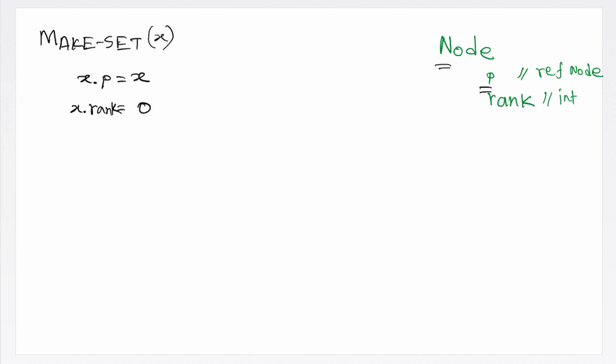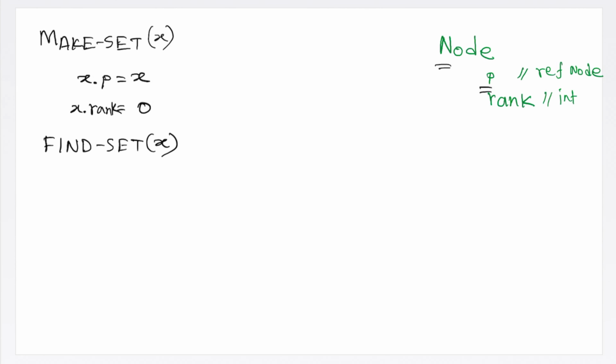Before writing our union function, let us write our findSet function first, because our union function will use our findSet function. FindSet has one parameter x. This parameter x can be any node of a given tree. The purpose of findSet is, given any node or any element, we will traverse up to the root and return that root, because findSet returns the representative of a set.